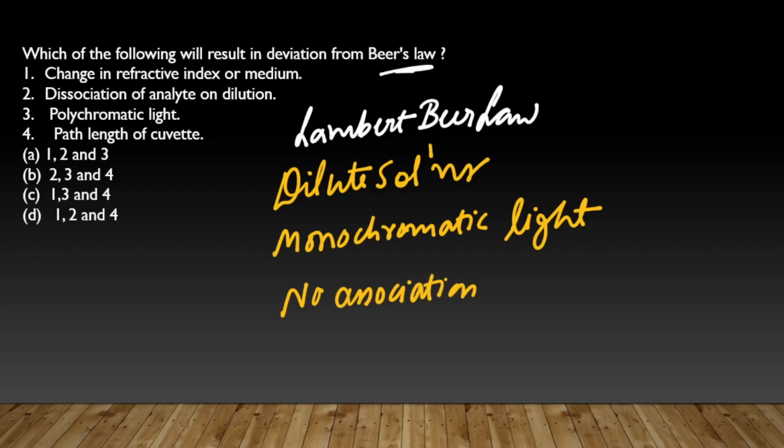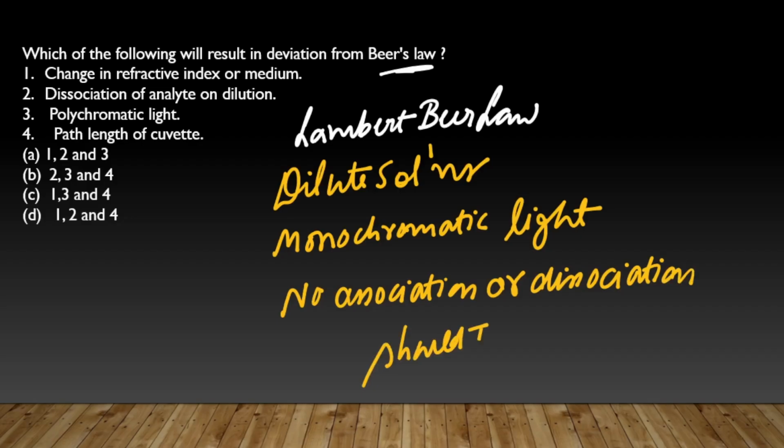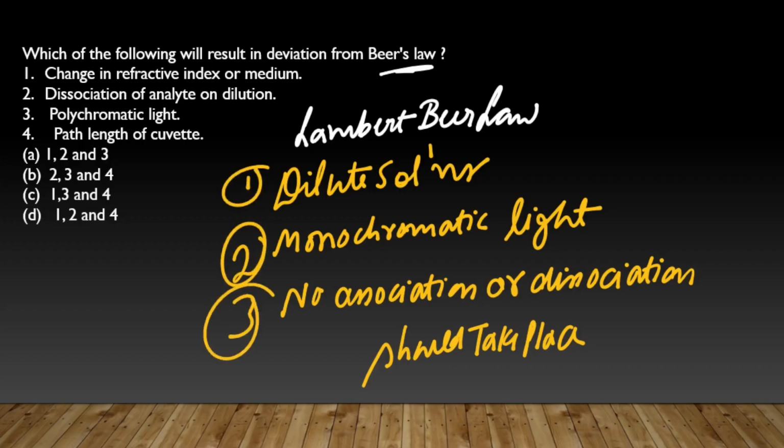So these are some of the conditions for the Lambert-Beer law, the first, second and third ones. So here it says which of the following will result in the deviation.